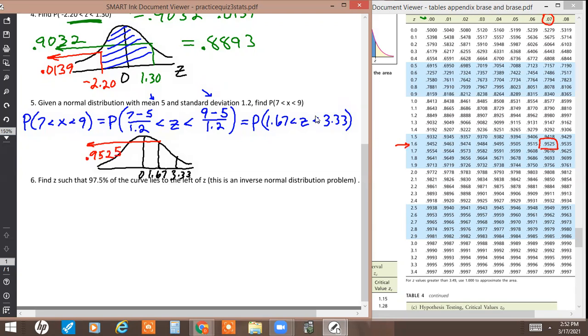Then for the 3.33, I need to find the area to the left of that. So I'm going to go down to 3.3. It's way down here towards the bottom. And then I need to go over to the top at 0.03 and see where those meet. They meet at 0.9996.